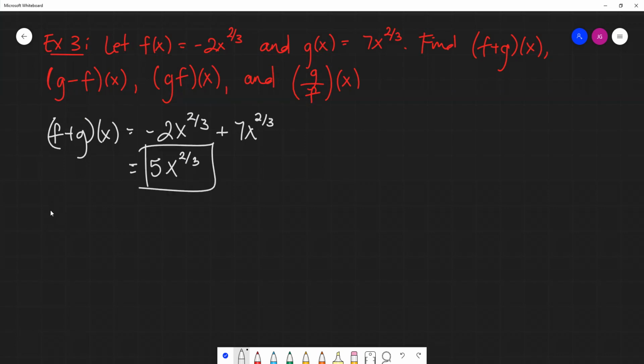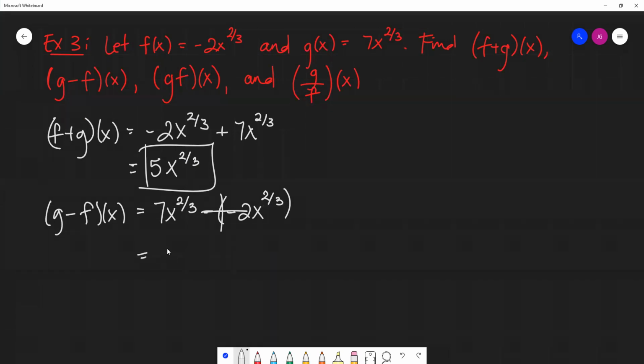g minus f, okay, g minus f of x. That's going to be 7x to the 2/3 minus negative 2x to the 2/3. So that becomes plus, and they're still the same exponent, so I can add them. 7 plus 2 is 9x to the 2/3. Very nice. Forgot to change color again. Oh well. g times f of x.